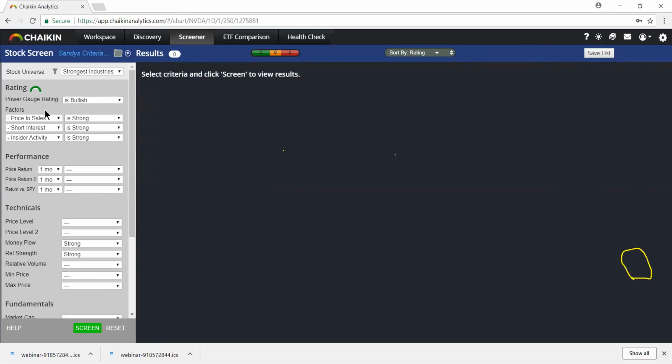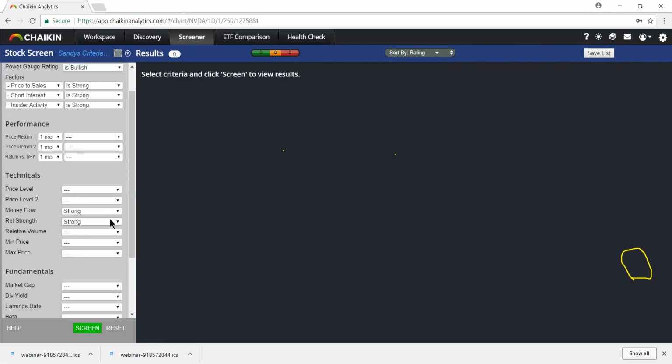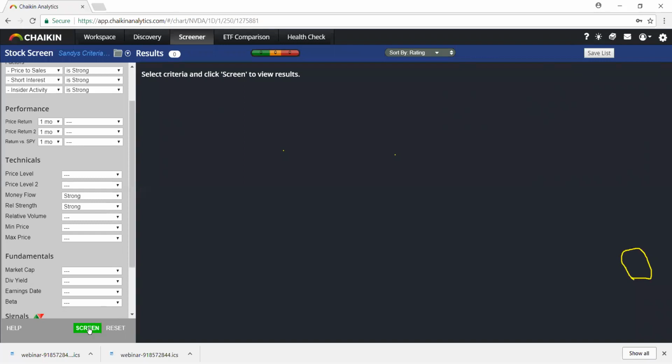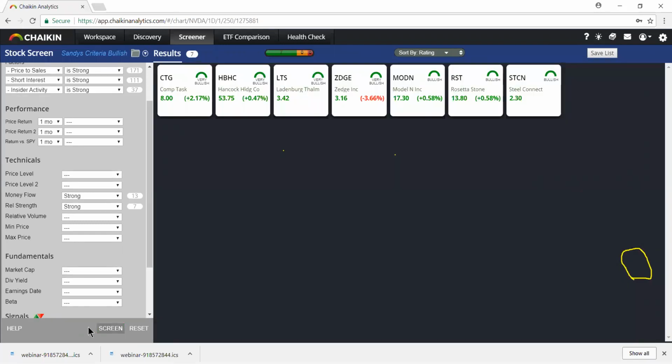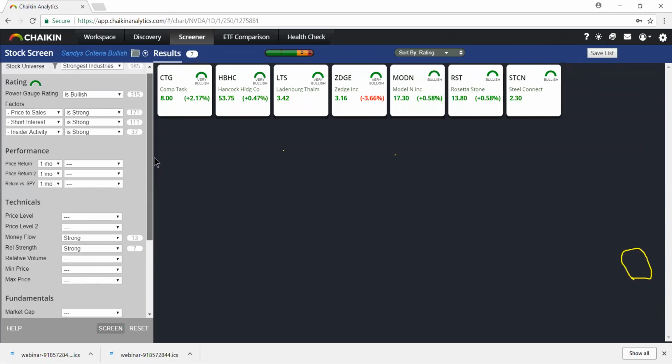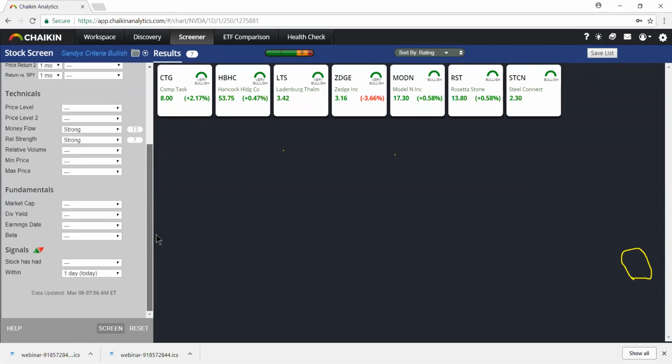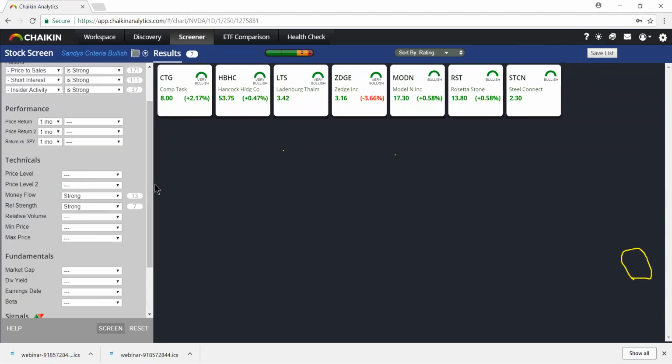Strongest industry groups, price to sales, short interest, insiders strong, money flow, and relative strength. So these are the parameters basically of that classic bull pattern. Hit screen. So immediately I take a universe of 5,000 and I get now what, 7 stocks? 7 stocks, which is cool.